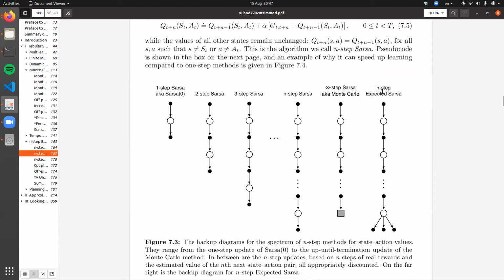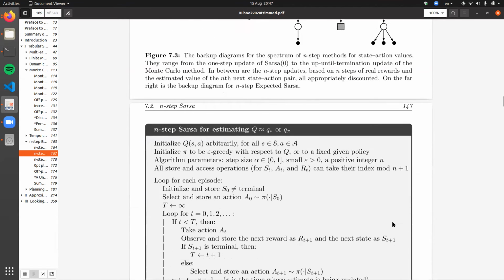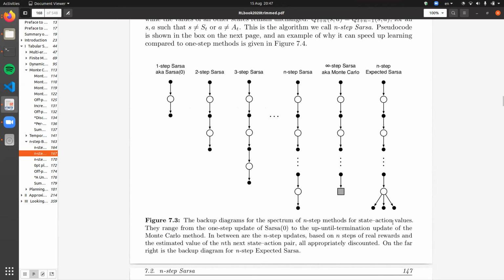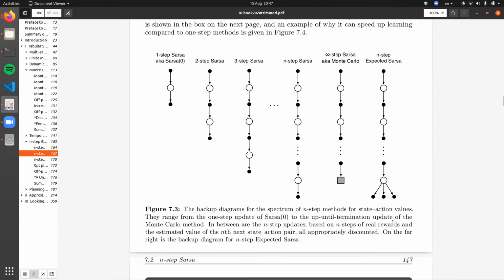The new thing here is n-step expected Sarsa, and you can see that it's very similar to Sarsa again, except for the last step, where we take the expected value instead of the sample. Yep, and we have a large variance there in the case of expected Sarsa.